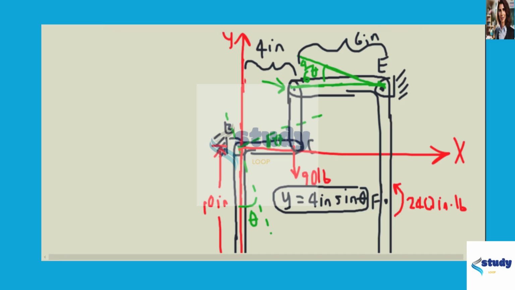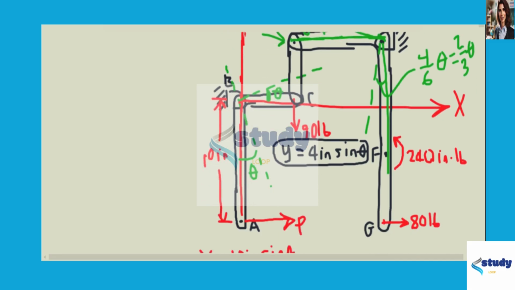The angle is going to be 4/6 of theta. And so this angle with the vertical here, trying to draw that vertical, that's going to be 4/6 of theta, which is the same as 2/3 of theta.